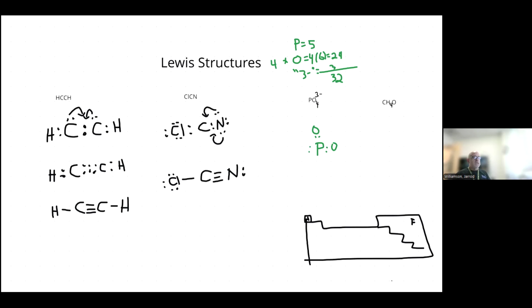Pair of electrons to connect this. And 32 minus 8 leaves me 24. Each oxygen needs 6 more. 6 times 4 is 24.